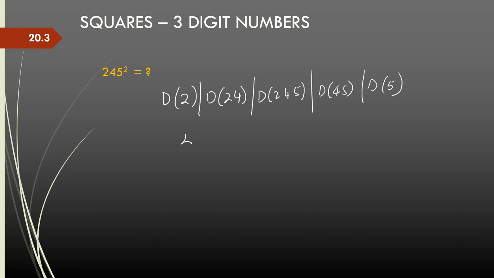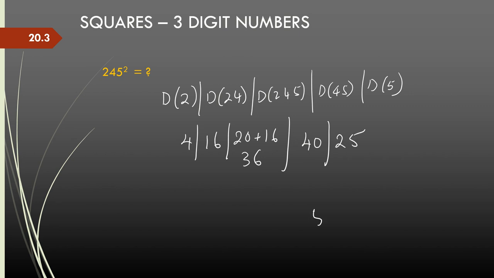The leftmost part is 4, then duplex of 2 4 is 2 into 2 into 4, 4 4s are 16. Then duplex of 2 4 5 is 2 into 2 into 5, that is 20, plus 4 square 16, which is 36. Then 2 into 4 into 5, 8 5s are 40, and then duplex of 5 is 5 square, which is 25.